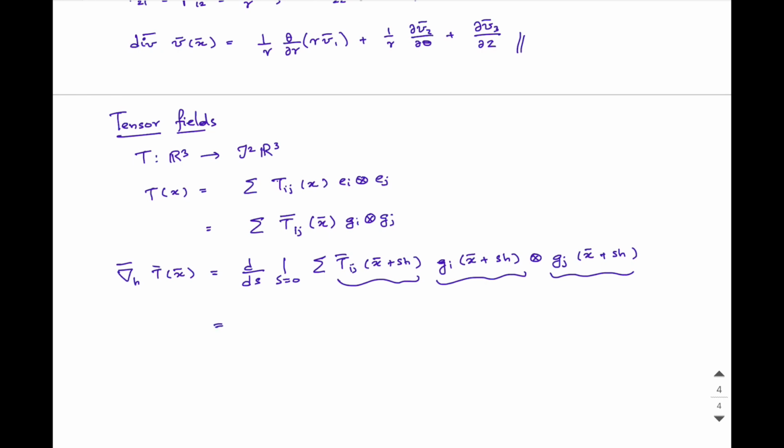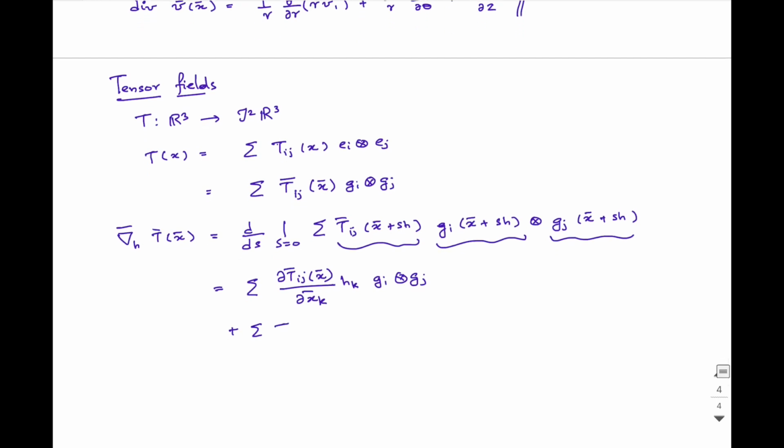So it's going to be the summation of the partial of t bar_ij of x bar divided by the partial of x bar_k times h_k, and the rest remains as it is, g_i tensor product g_j, plus, now I take the derivative with respect to g_i, so t_ij remains as it is, t bar_ij of x bar, and then it's going to be partial g_i divided by partial x bar_j, but that you can write in terms of the Christoffel symbols.